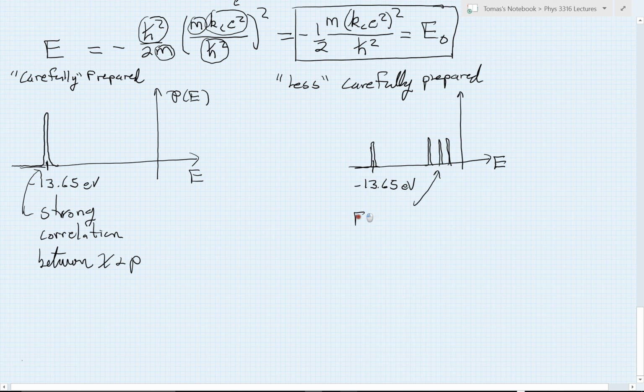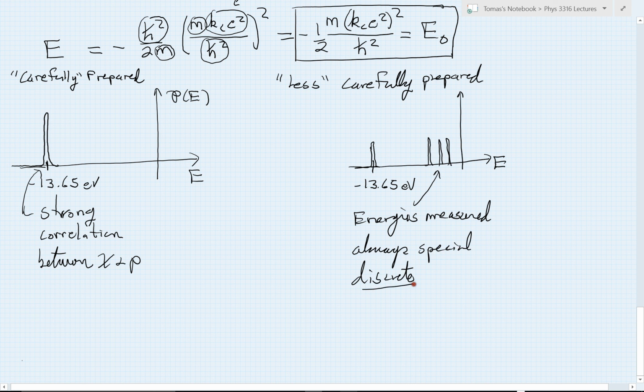So the energies measured experimentally are always certain special values, and it's very important here that these are discrete. There's no continuum. You never measure energy values in between.